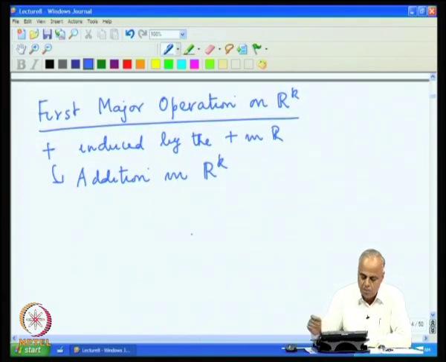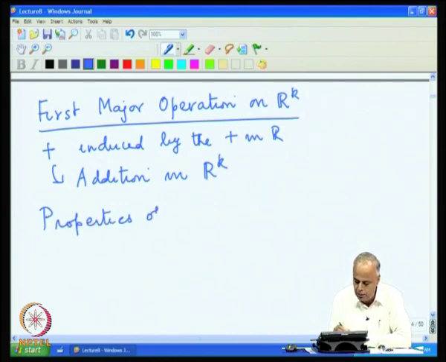Let us look at some of the properties of this addition, which we denote by plus in R^k.